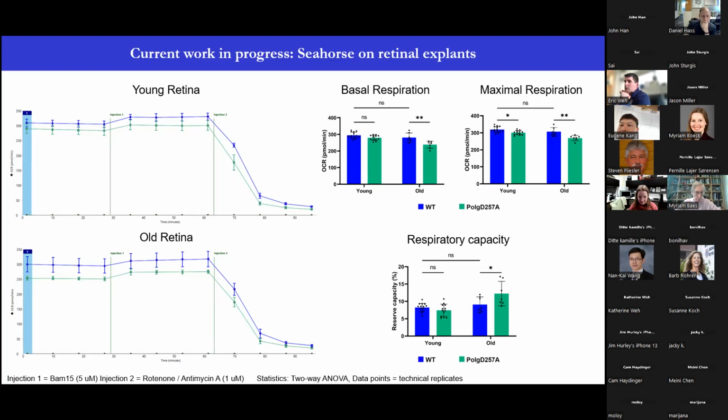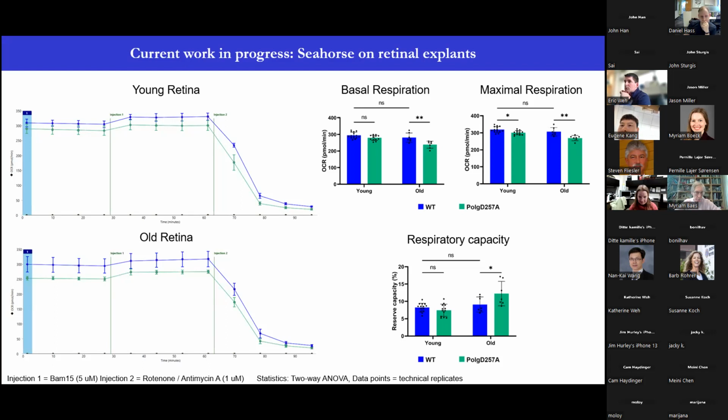From the preliminary punches we've taken and assayed, we do see a significant reduction in the old animals' basal respiration, and also a significant reduction in their maximal respiration at both young and old time points. What's interesting, though, is that the respiratory capacity of the old mice is actually significantly increased compared to the wild type.